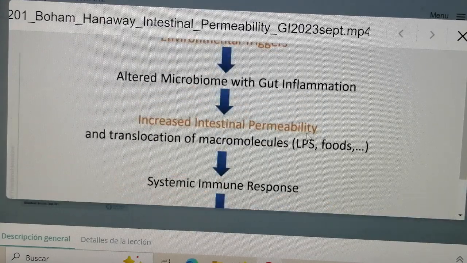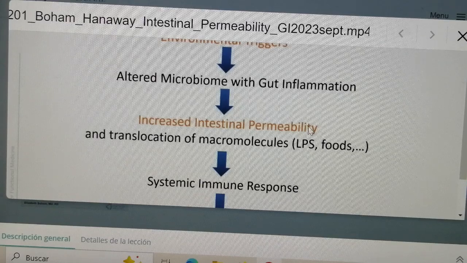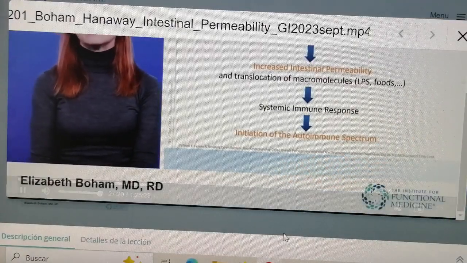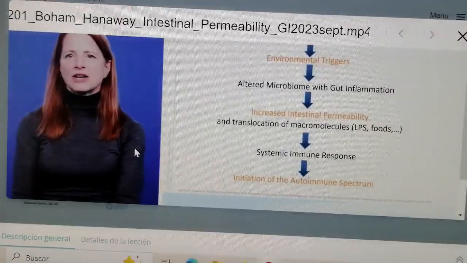If you have a genetic predisposition and then there's some environmental trigger, which for celiac disease may be eating a lot of gluten or having some gut infection, right? Or taking some antibiotics, and there's altered microbiome with local inflammation that can create this increased intestinal permeability, resulting in a systemic immune response and an autoimmune reaction, right?